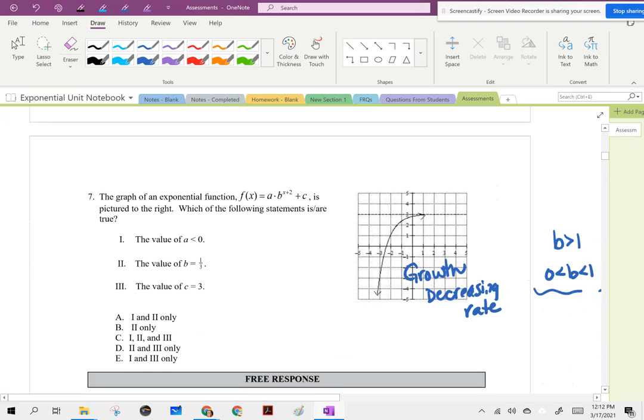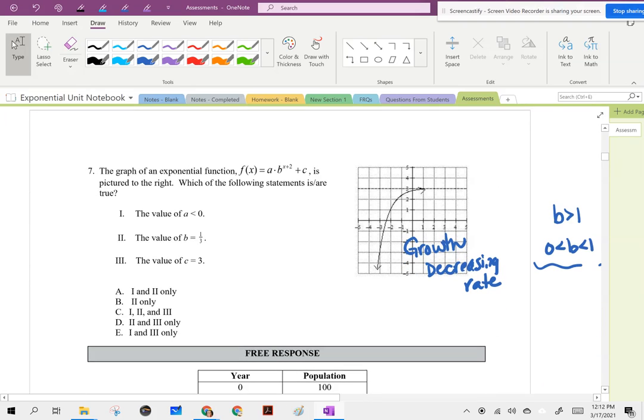Now let's take a look at kind of the same situation here. We've got our graph, right? We've got our function. Notice though that x is no reflection with that positive x. But now we need to see if our graph, it says our graph is below that horizontal asymptote, which means the value of A is less than 0. So I know that Roman numeral 1 is correct.